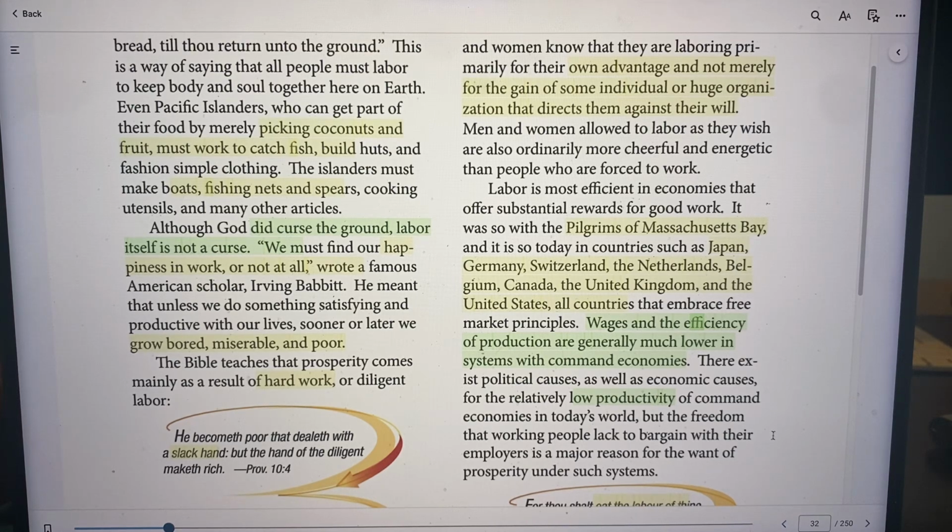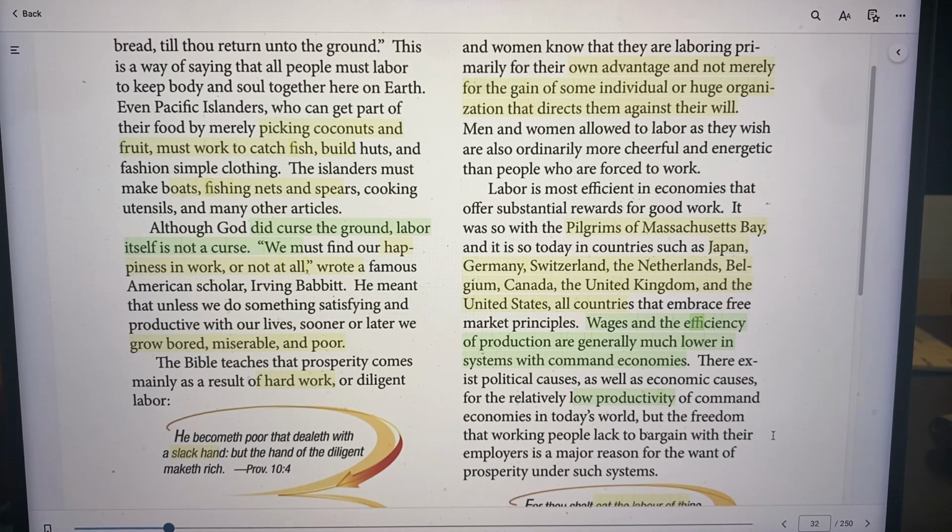But today there's more skilled labor; you're not just following the plow. Now we need more skilled labor, and skilled labor flourishes in free enterprise countries, the free market.